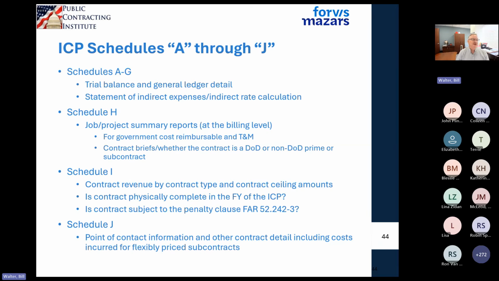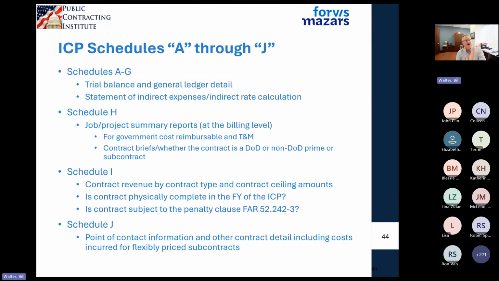Schedule H is if you're a small business, it's probably got about 10 to 15 rows. If you're a large business, it may have thousands of rows because every contract that you have that is flexibly priced, meaning it's cost reimbursement, it's time and materials, and it has the allowable cost of payment clause built into it, those schedules will list for every task delivery order, every funding element that you have.